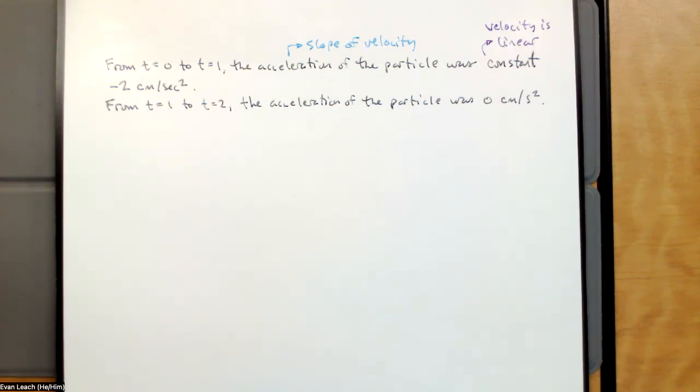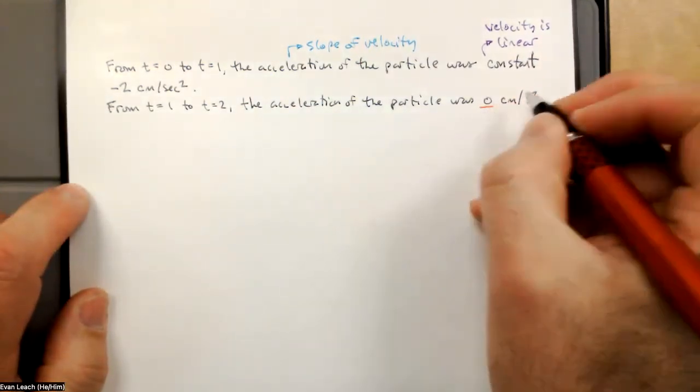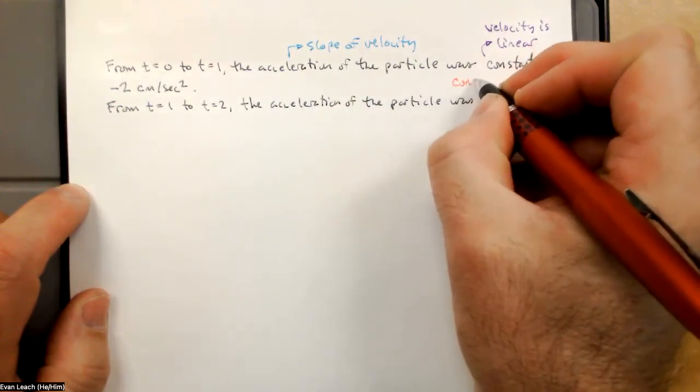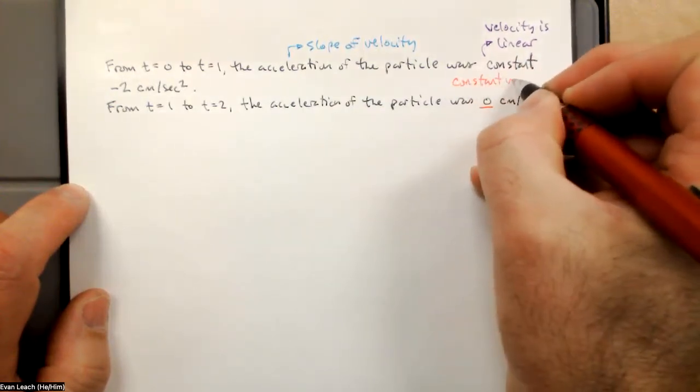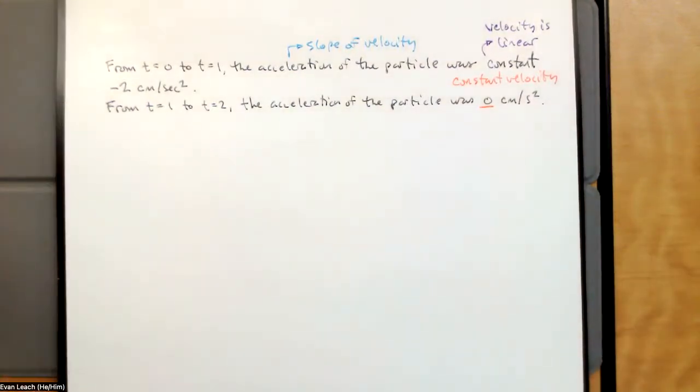Once again, from t equals 1 to t equals 2, the acceleration, which is the slope of the velocity of the particle, is 0 centimeters per second squared. Because the acceleration is 0, the particle is moving with constant velocity. So that 0 acceleration means constant velocity.